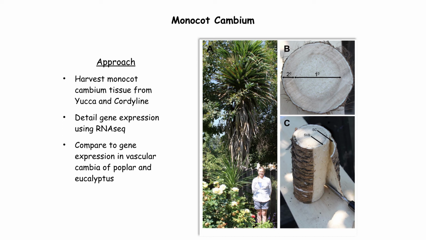This part of the stem was actually produced by the primary meristem, but all the tissue labeled here was actually made by the monocot cambium, which is in this very outermost layer here. Similar to what I showed for the poplar tree on its side, we split this outer layer to expose the monocot cambium, and we were able to harvest it by simple scraping of the two surfaces that were exposed.